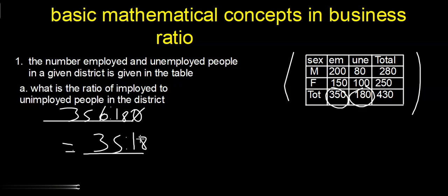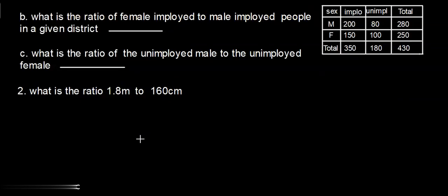Now let's do some different types of examples. The second one asks for the ratio of female employed to male employed people in a given district. Now we have some specification, so we're going to look at the male employed and the female employed. As you can see in our table, we have male and female employed and unemployed people.